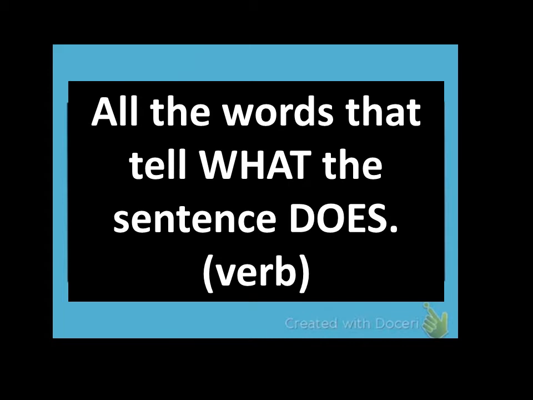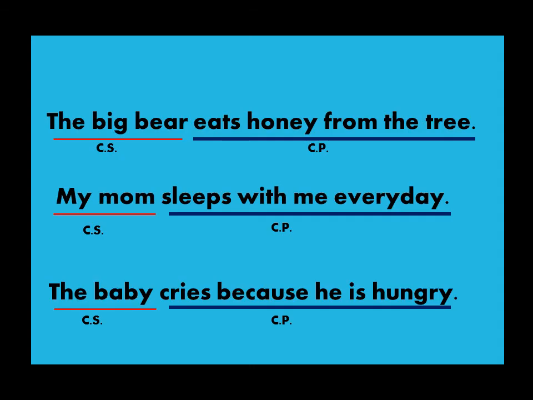So whenever you find the verb, that's where our complete predicate begins. Now, examples just like the ones that I had at the beginning. As you can see, I have the same sentences, and my sentence is divided in two. Remember that yesterday I told you that when we are identifying complete subject and complete predicate, we always divide our sentences in two.